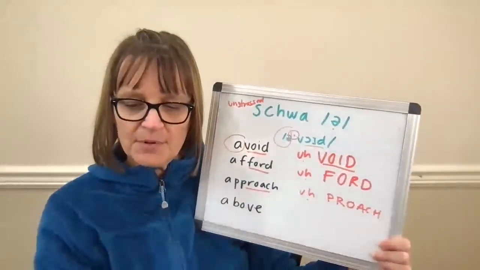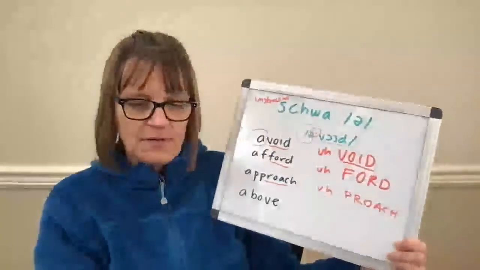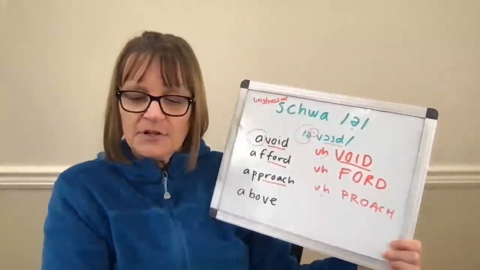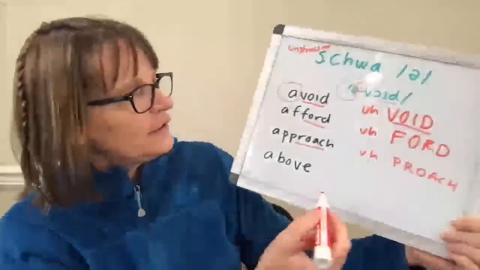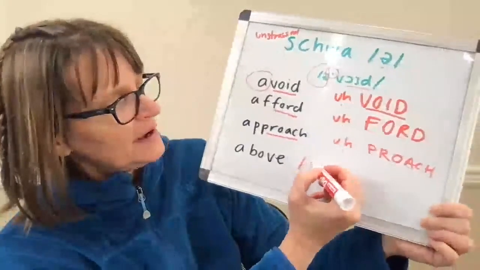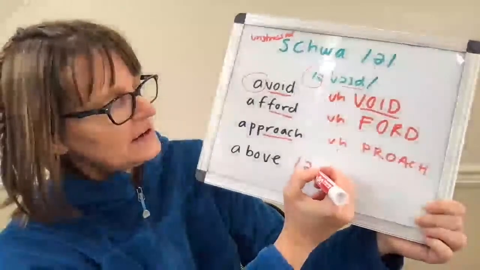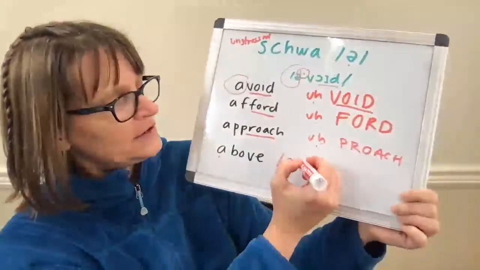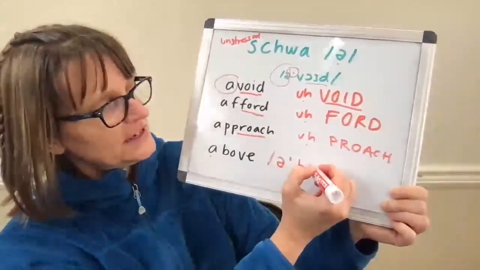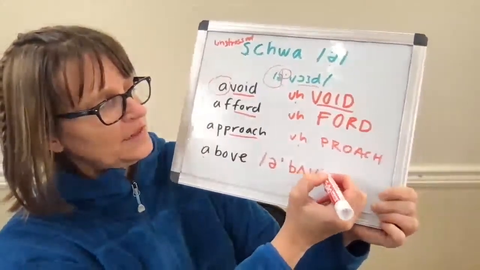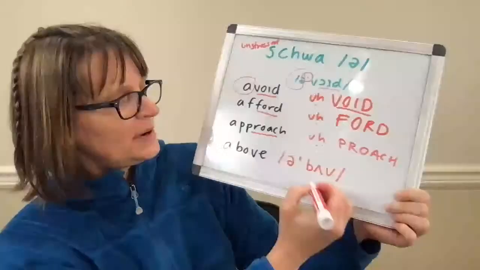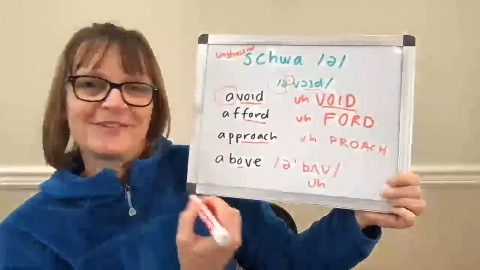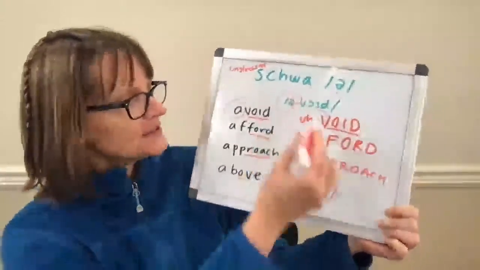I'll give you an example where we also have, of course, a stressed schwa in English. And so I want to look at this word above. In the dictionary for above, you're still going to see that for that first letter A. And then you'll see your stress marker. And then you're going to see this symbol for the stressed schwa. So above, again, the O doesn't sound like an O. It sounds the same as this sound.